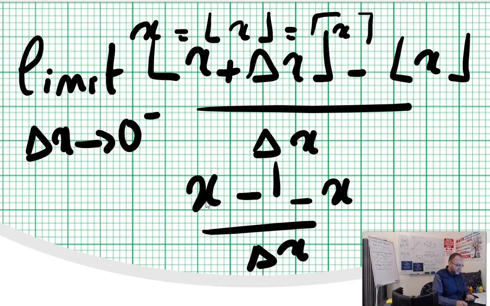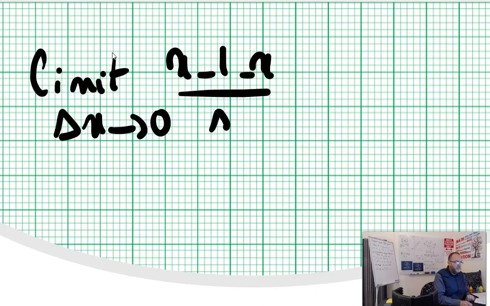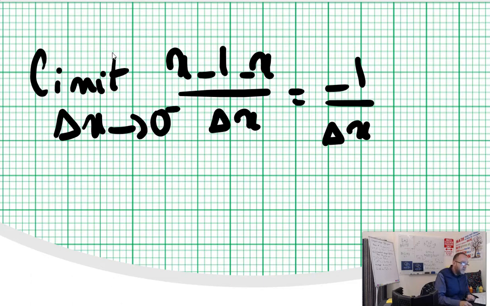So let's move to a new page. What do I have now? The limit, teacher always wants you to put that limit. The limit as delta x approaches 0 of x minus 1 minus x, divided by delta x, which equals minus 1 over delta x. Delta x is a negative value, since we're approaching from the left.